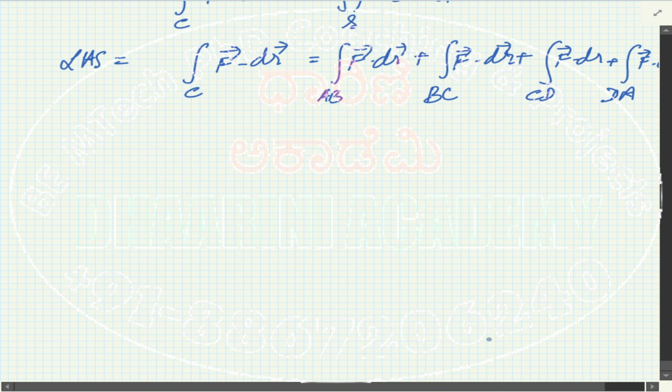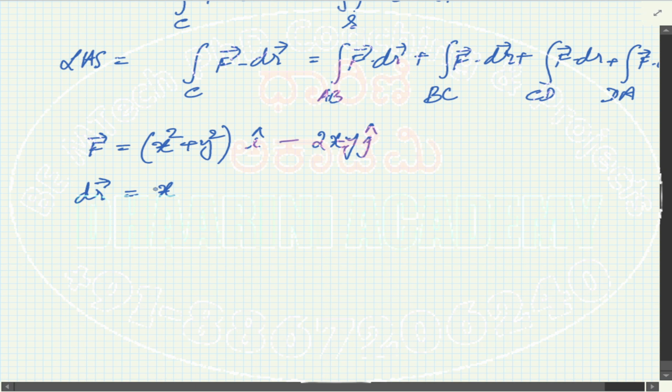Now we use this in the following fashion. Let us calculate the terms one by one. Before doing that, let's calculate f dot dr. Vector f is already given: x square plus y square into i cap, then minus 2 times xy into j cap. Then we need dr. dr is dx into i cap plus dy j cap plus dz k cap.